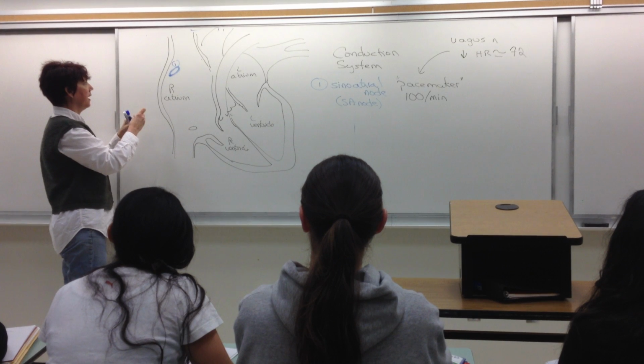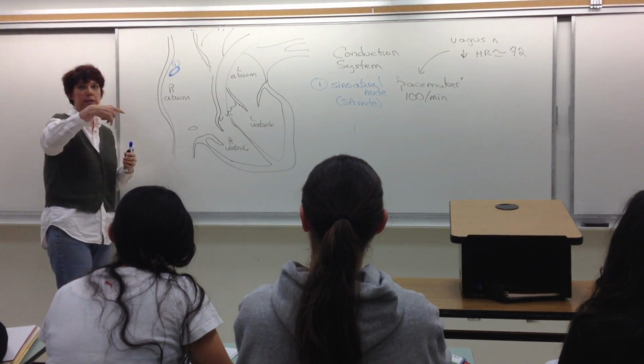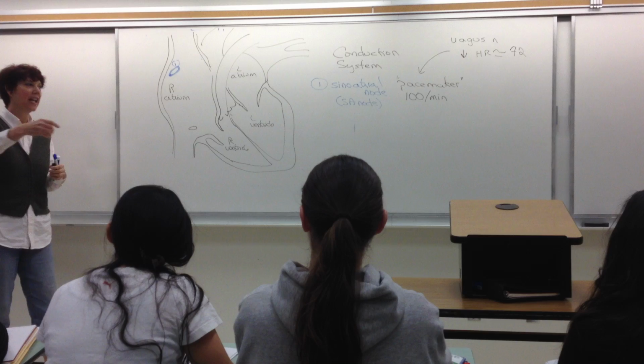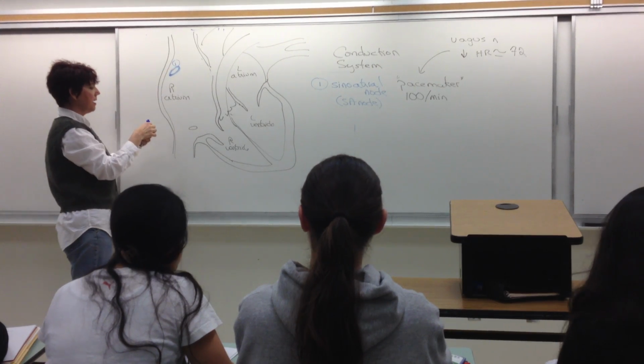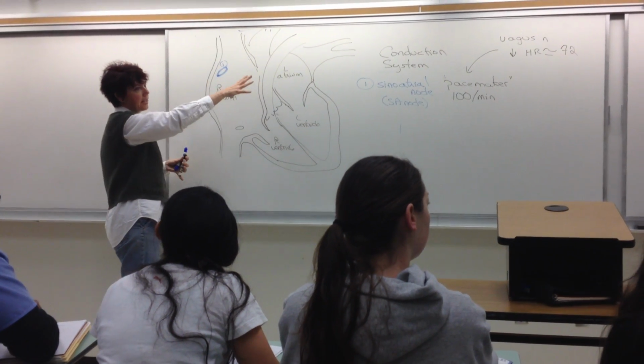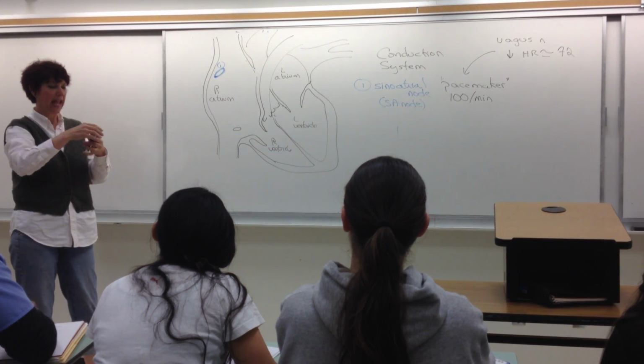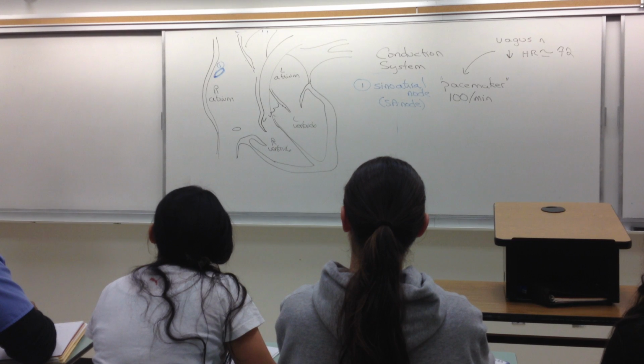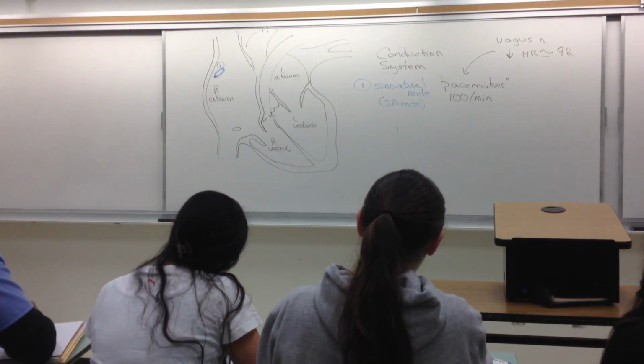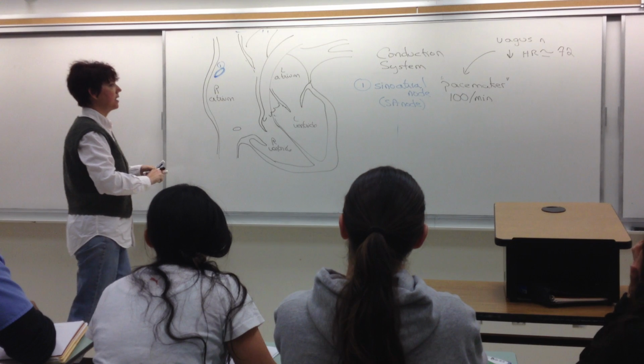So an electrical current, in other words, a flow of charged particles, is formed by these cells, and it passes through the cardiac muscle cell via gap junctions from cell to cell. And that triggers the muscle cells to depolarize, and they then contract.